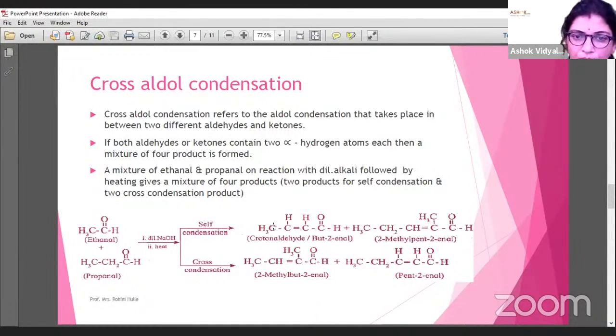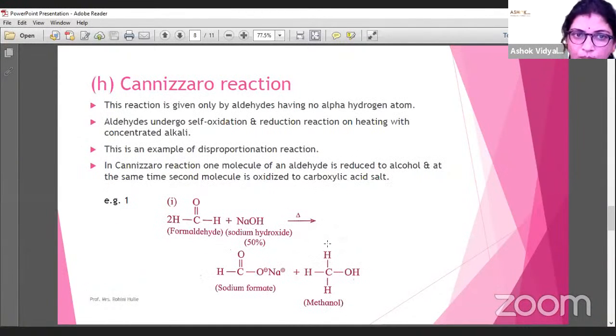Now we'll move to the next slide. Now next is Cannizzaro's reaction. See, it is a very important reaction. This reaction is given only by aldehydes having no alpha hydrogen atom.